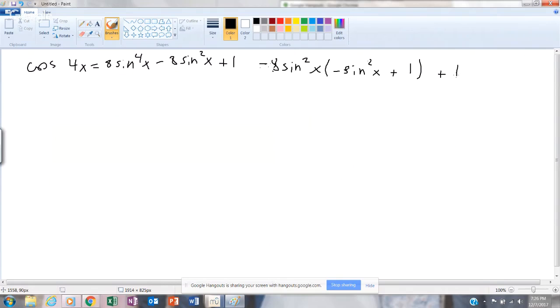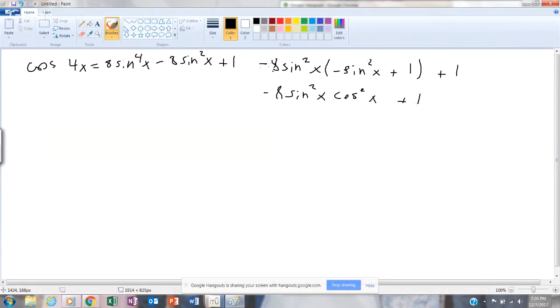And we know that 1 minus sine squared of x equals cosine squared of x. So we can write this as negative 8 sine squared of x cosine squared of x plus 1.